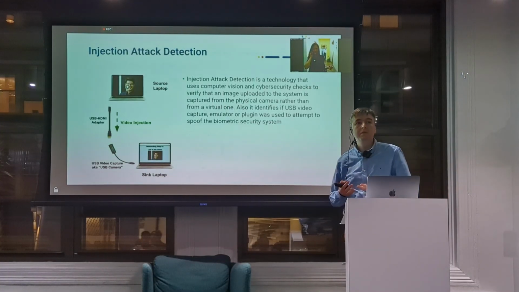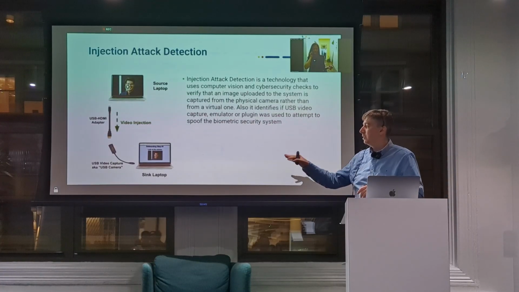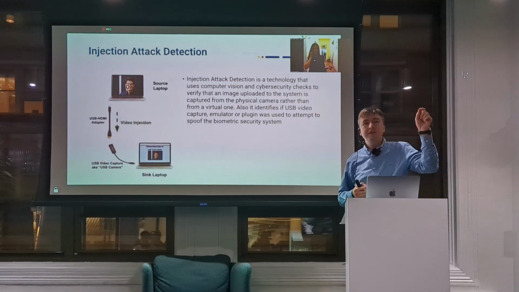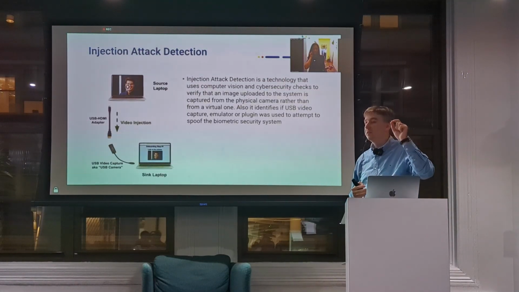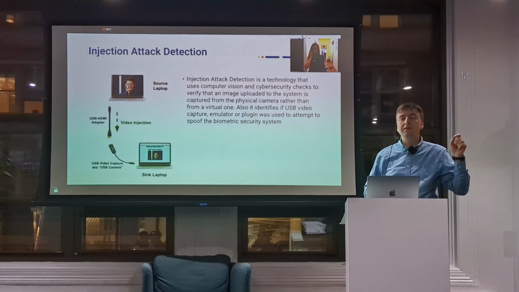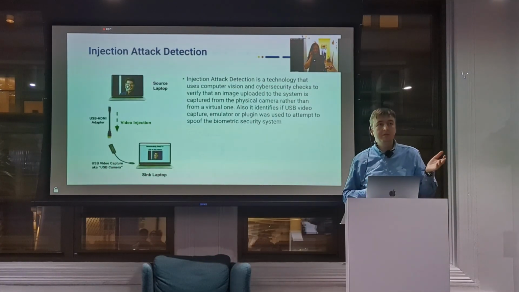It could be a real-life video, a stolen video, a generated video, any real video with a person. And the sink laptop is the laptop that will be broken. We're simply buying a USB video capture for $11 on Amazon, and this USB video capture is seen by the operating system as a real camera, as a real USB camera, but it has no lens.